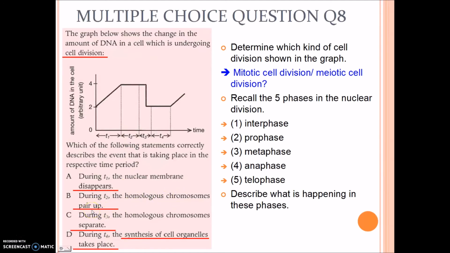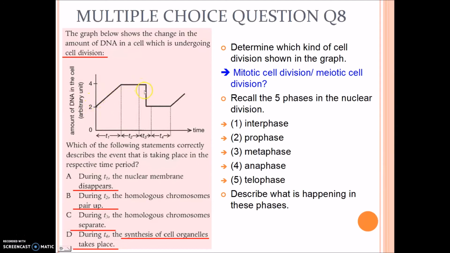In this case, remember that this graph is just talking about cell division, but it doesn't tell you which type of cell division. So you need to find out yourself. For the mother cell, the original DNA amount is 2.